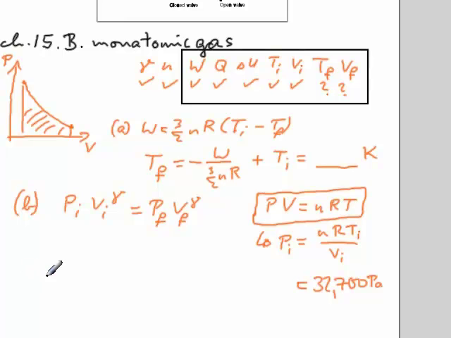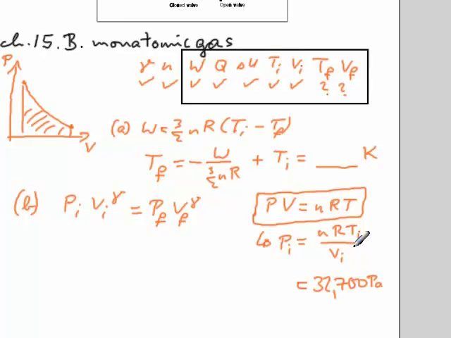Okay, and that means now I know what the left-hand side is going to be. The left-hand side, therefore, is going to come out to 32,700 pascals times, and I'm going to use here on my calculator, it says 32,658.3, so I'm just going to use that one, times the initial volume of 0.1 cubic meters, and that needs to be to the 5/3 power.